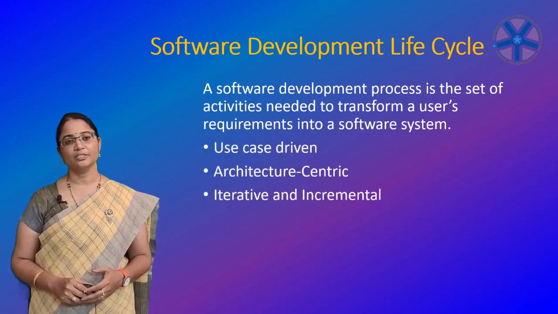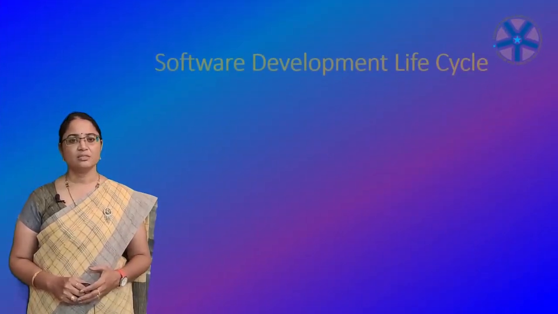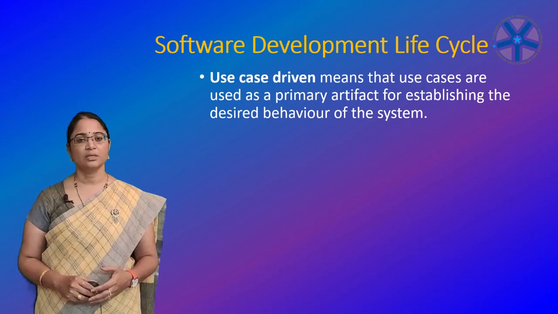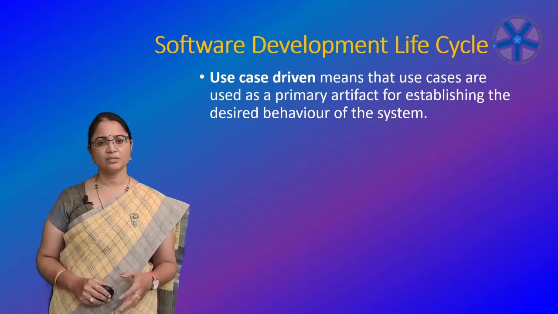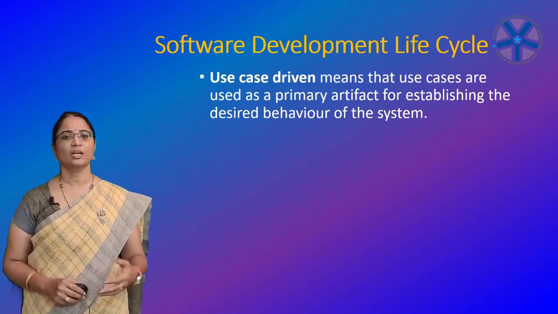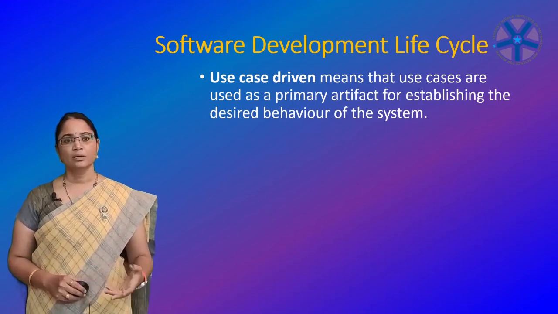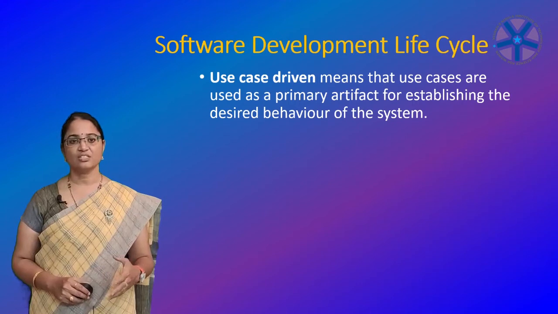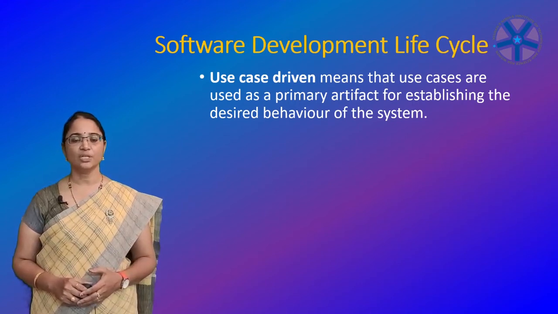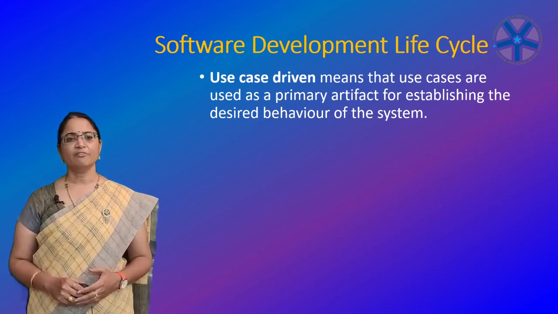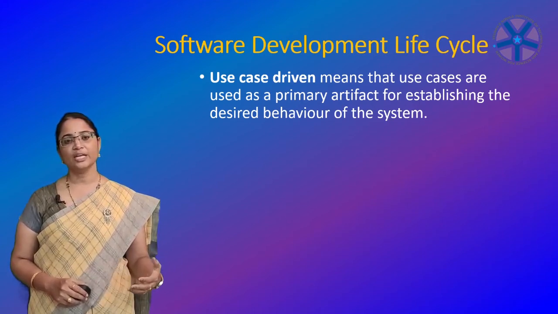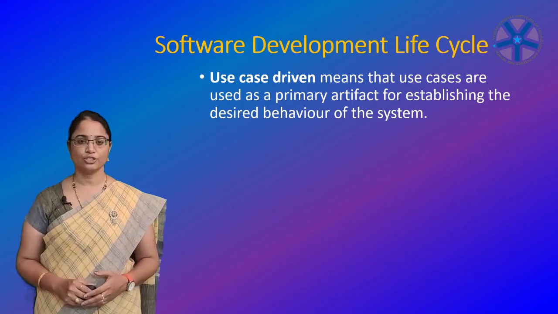iterative, and incremental. Use case driven means that use cases are used as a primary artifact. If it were data driven, the data would be the primary artifact. Here, use case driven means that the use cases are used as a primary artifact for establishing the desired behavior of the system, for verifying and validating the system's architecture, for testing, and for communicating among the stakeholders of the project.